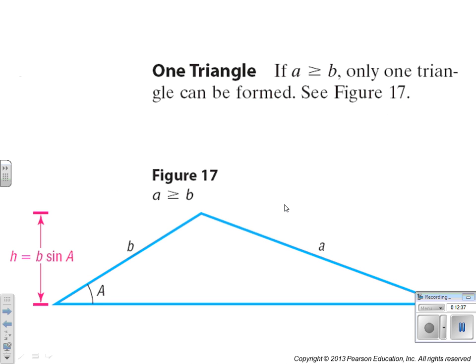If A is greater than or equal to B, only one triangle can be formed.